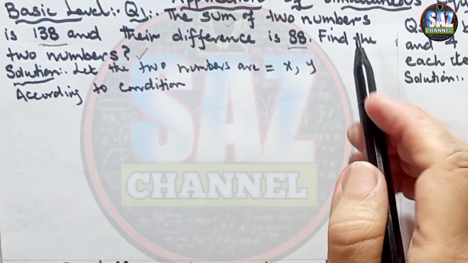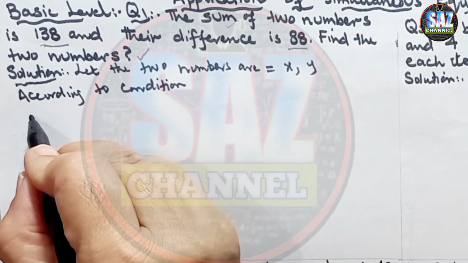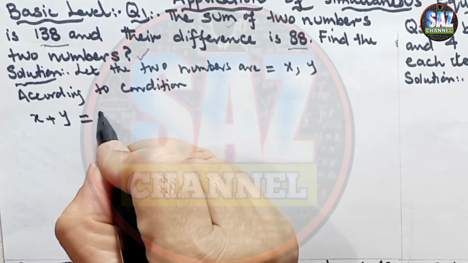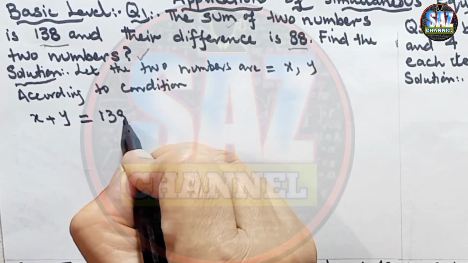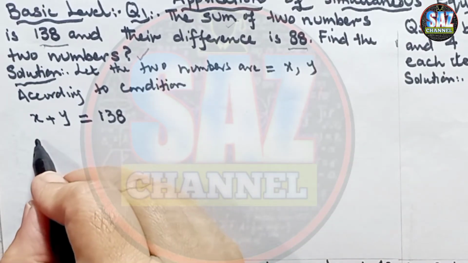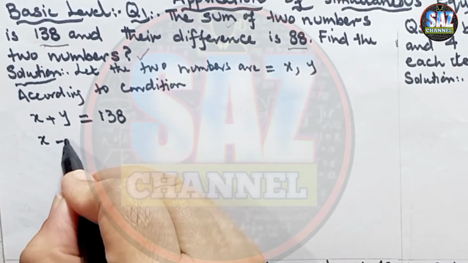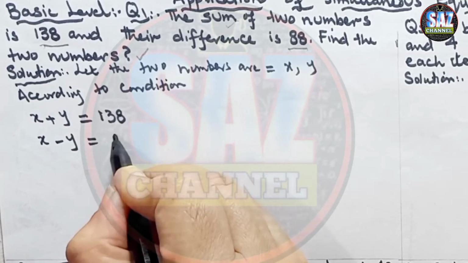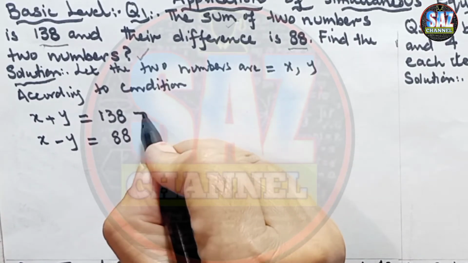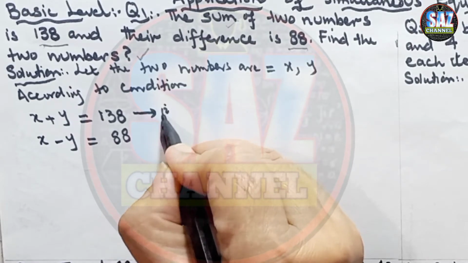Sum of the two numbers, sum means that we have to add up the numbers. x plus y equals 138, and the second statement says the difference is 88. Difference means that x minus y equals 88. These are the two equations that we are making from these two statements.